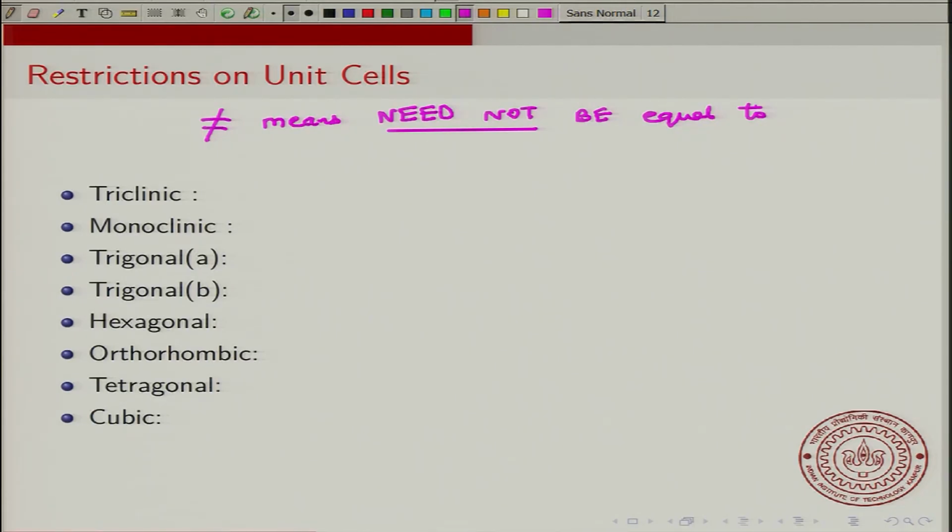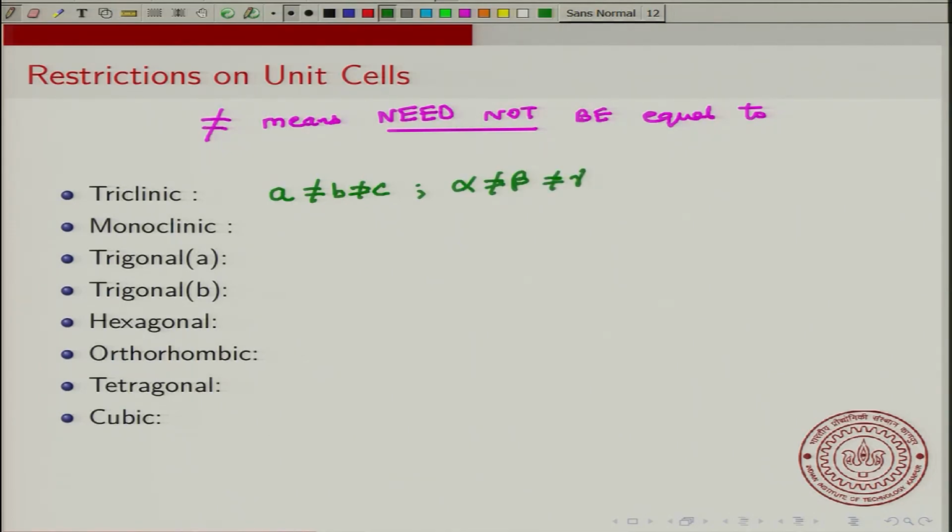So as we said, in the triclinic system there is no restriction on A, B, C. So it is often written as A not equal to B, not equal to C, but actually what it means is A need not be equal to B, B need not be equal to C, and alpha need not be equal to beta, need not be equal to gamma.